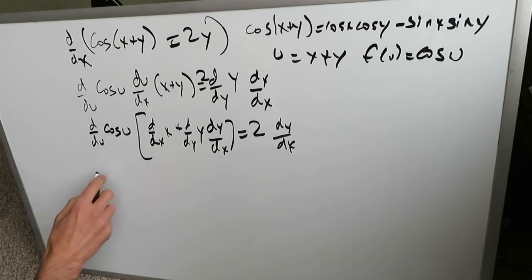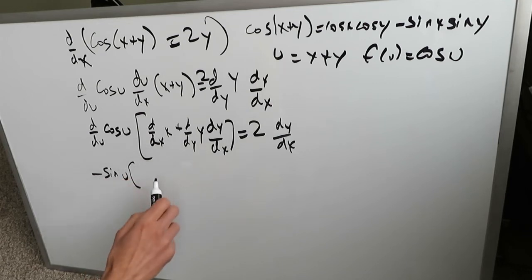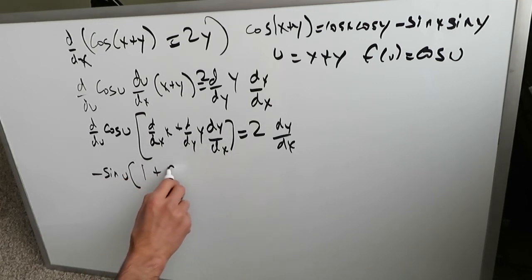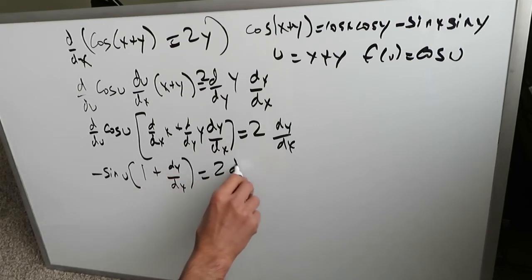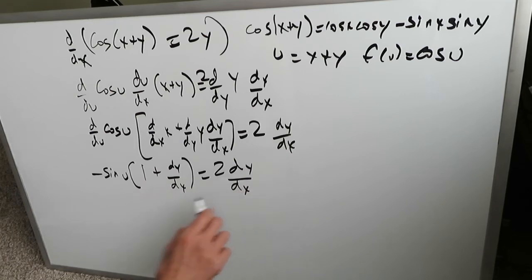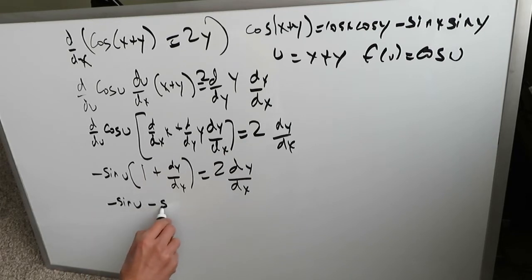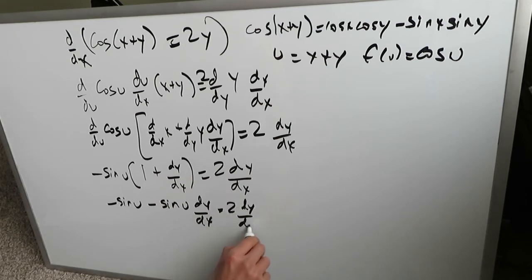The derivative of cosine u is minus sine u. The derivative of x is just a 1, and the derivative of y is just dy dx. And you have this equaling 2 dy dx. When you open this up, you have to start isolating the dy dx terms. You get minus sine u times 1 plus dy dx is equal to 2 dy dx.